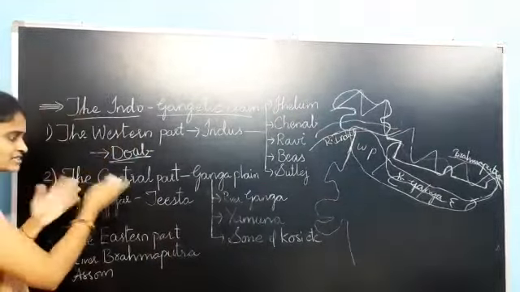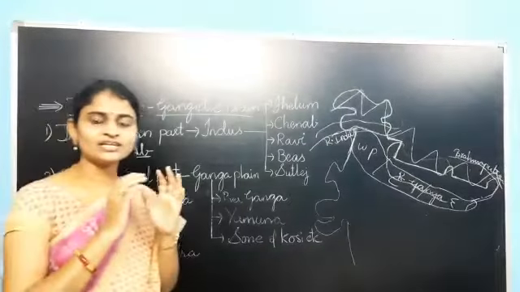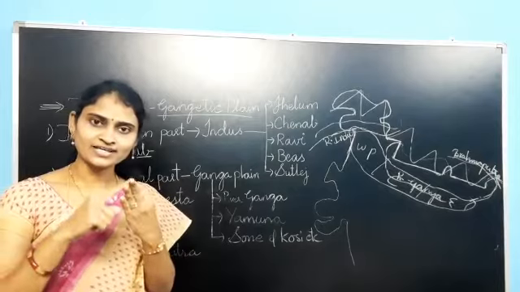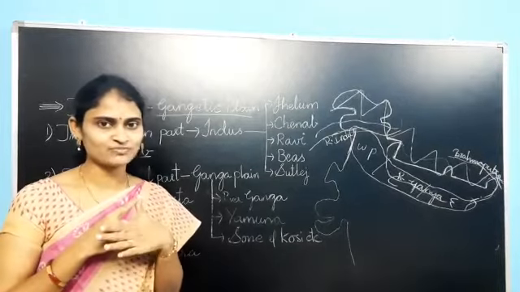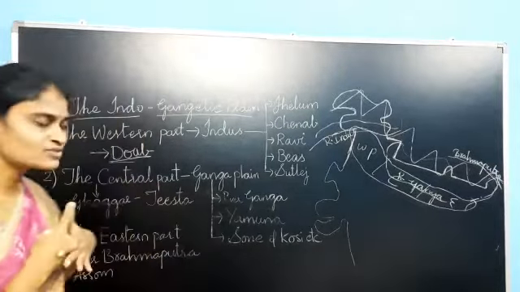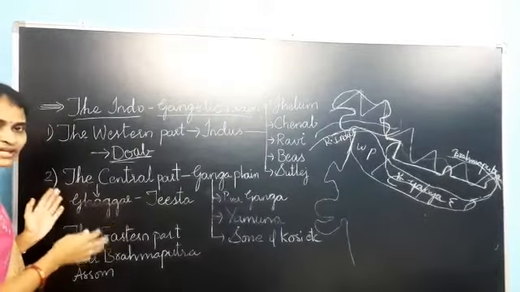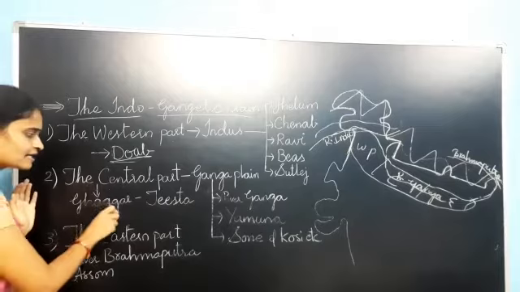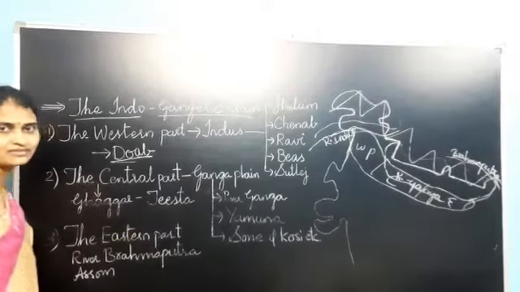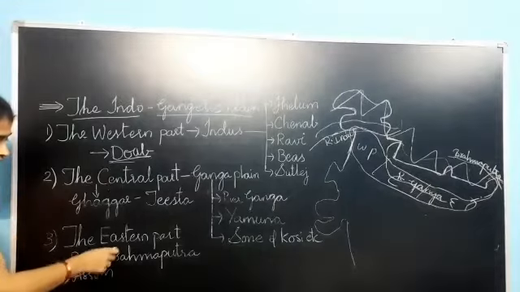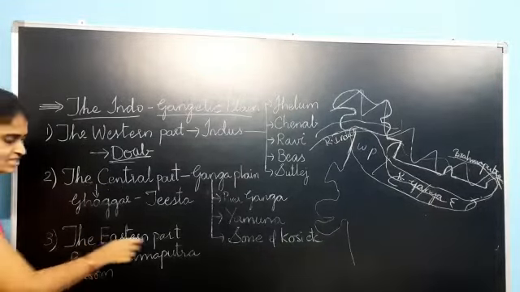And these are existing in which states? Uttar Pradesh, Bihar, Haryana, Jharkhand and in West Bengal. And this one is extended between two rivers, namely Ghaggar and Tista. Coming to the third one, the eastern part.